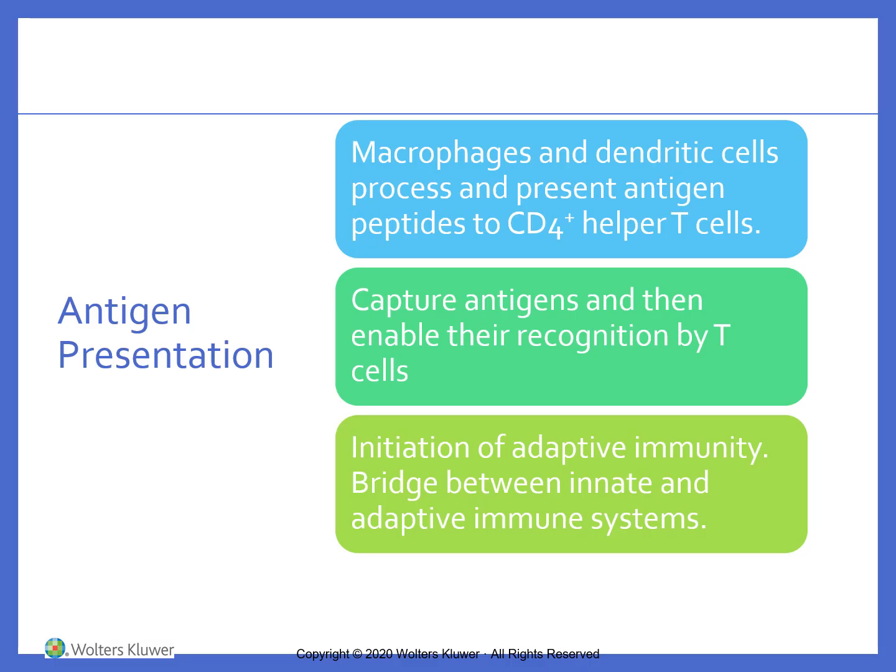And the antigen presenting cells initiate adaptive immunity. So they are also a bit of a bridge between the innate and adaptive immune system, which we talked about a little bit earlier with the DCs. We have the phagocytic cells that present those antigens when they're encountered in the innate system, and then they go ahead and initiate that adaptive immune response.